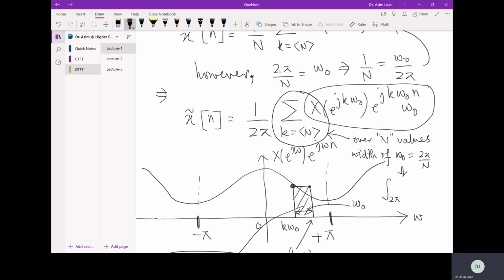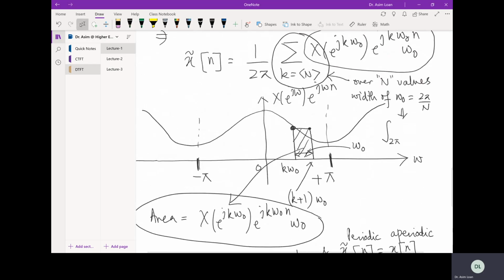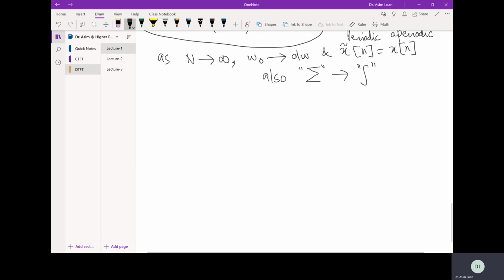So this is the fundamental difference between the inverse Fourier transform of an aperiodic signal for discrete and continuous time: the integral for this case is going to be over 2 pi. Why? Because this one is periodic over 2 pi.